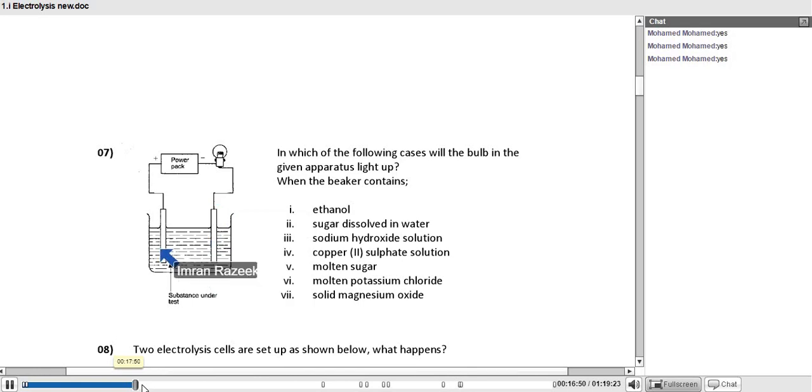unreactive rods. To select a substance to be an electrode, there are two conditions. One, it should conduct electricity via electrons as a solid. Second, that substance should not react with the substance under test. It should not react with the electrolyte. Generally we use carbon rods, graphite rods, as electrodes, because they are non-metals with free mobile electrons in graphite, a good conductor.